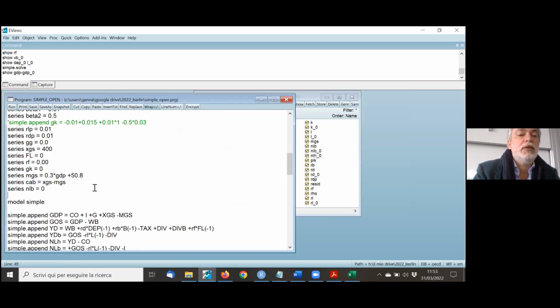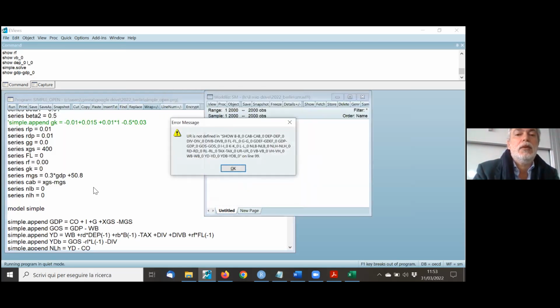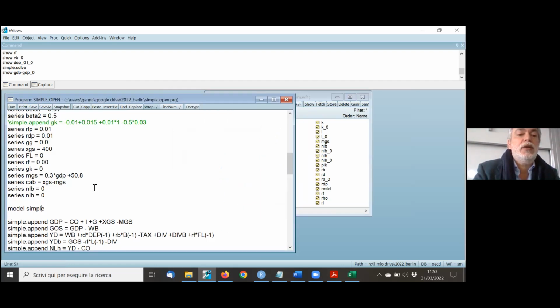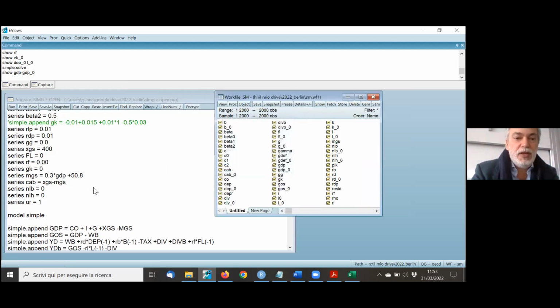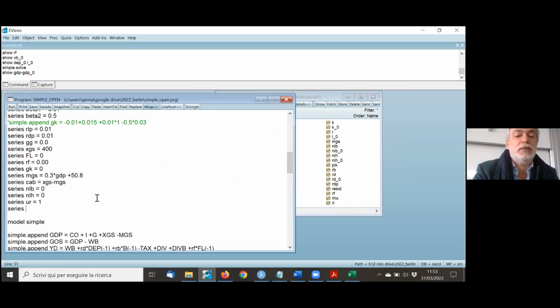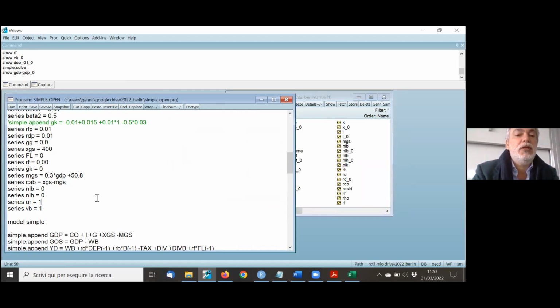All these are not defined. UR is not defined. VB is not defined. Basically, all the endogenous were not defined because we did not need them to find a solution.